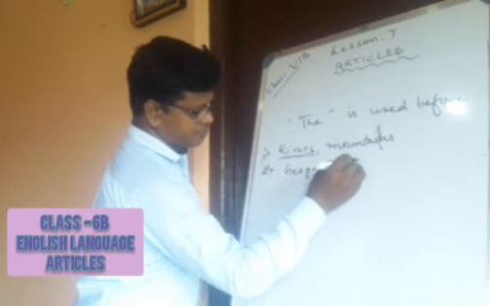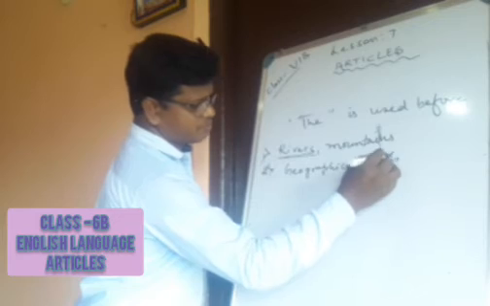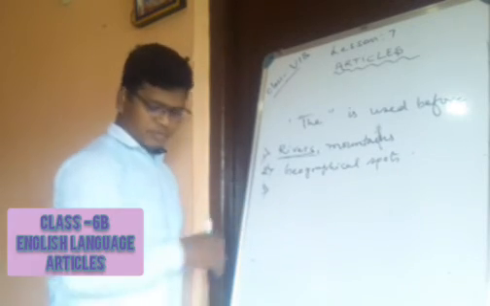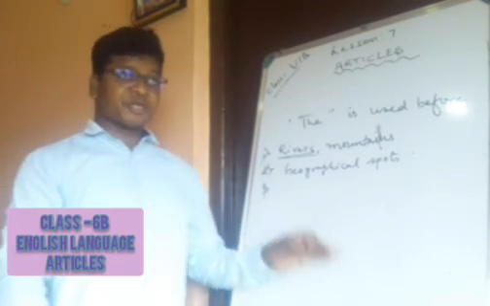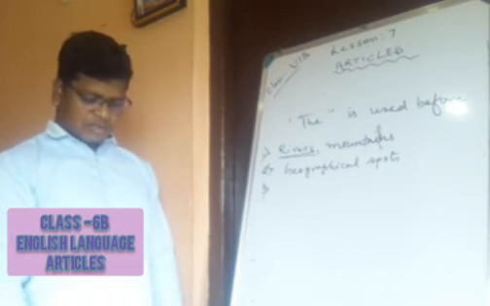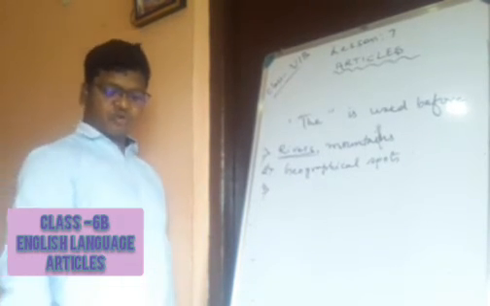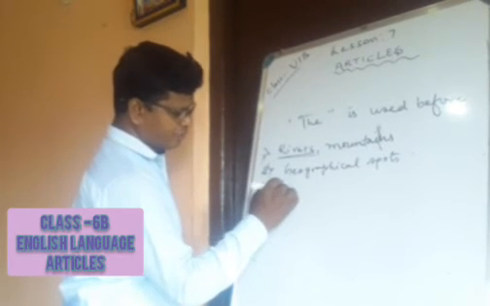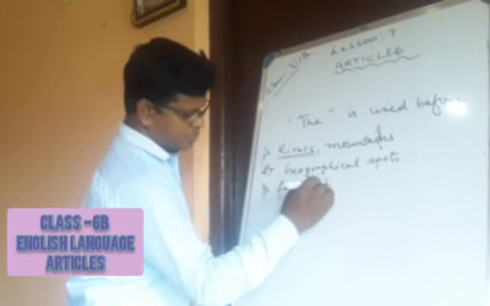Geographical means the equator, the Tropic of Cancer, and the third one is before a famous building.